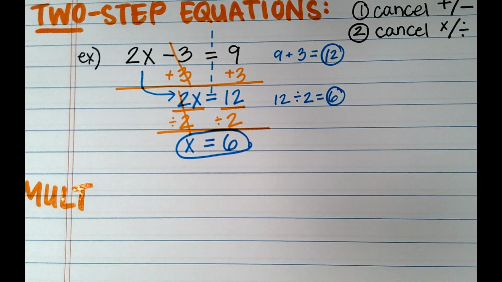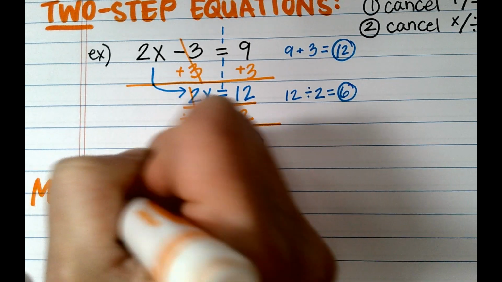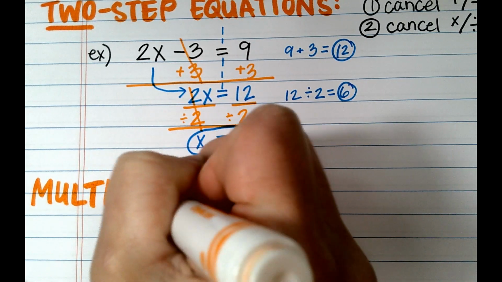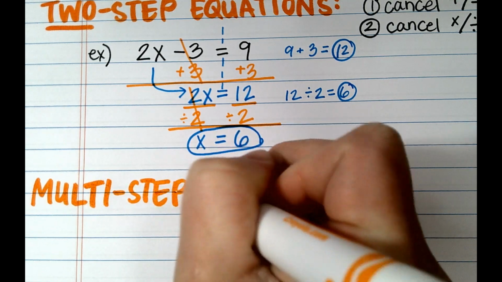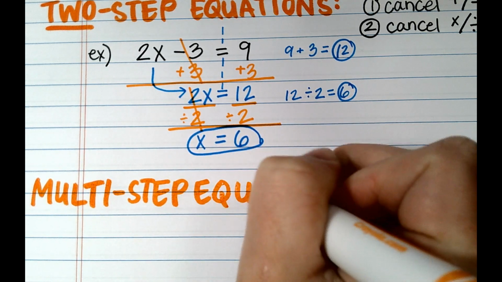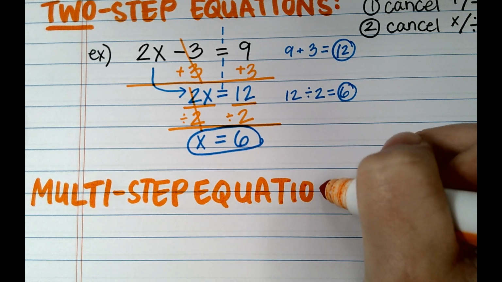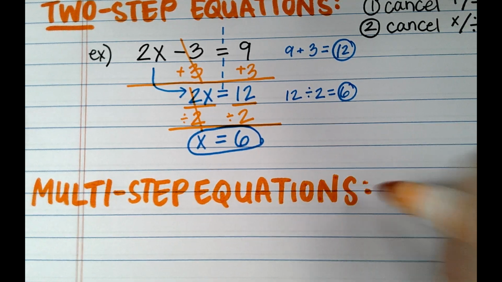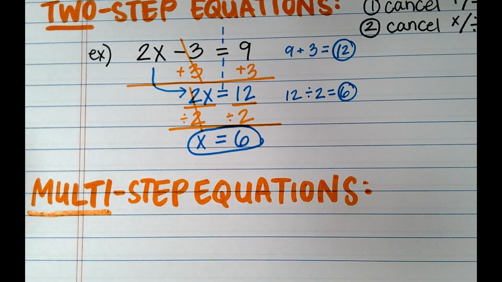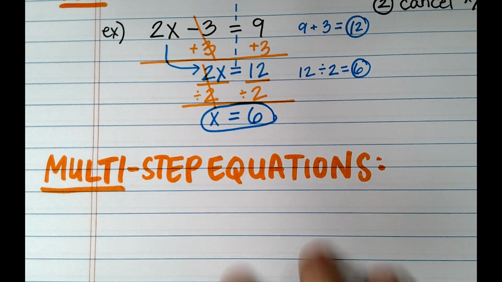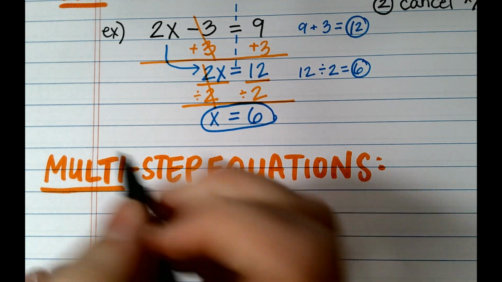It's just now we have one extra step. Multi-step just means more than 2 steps. So here's an example of what that might look like.